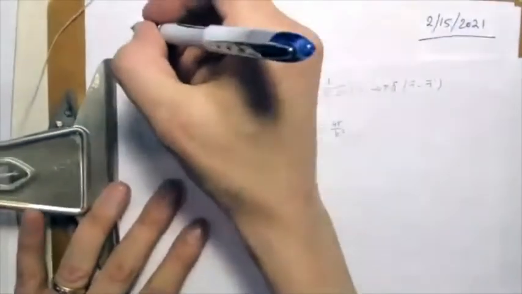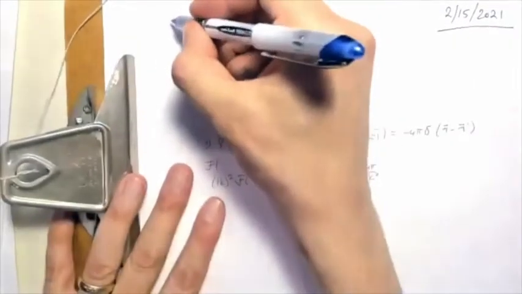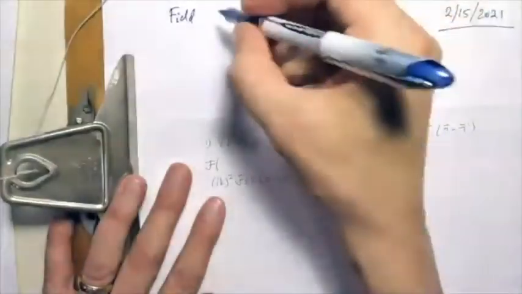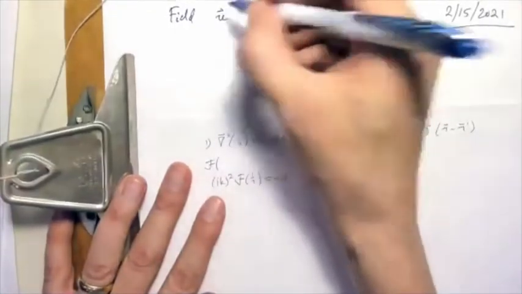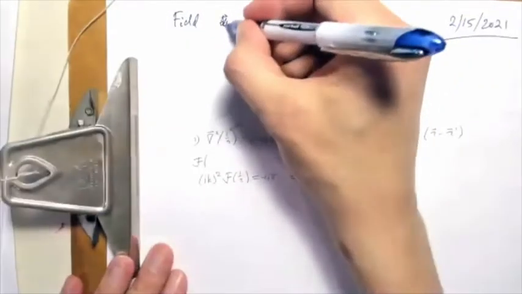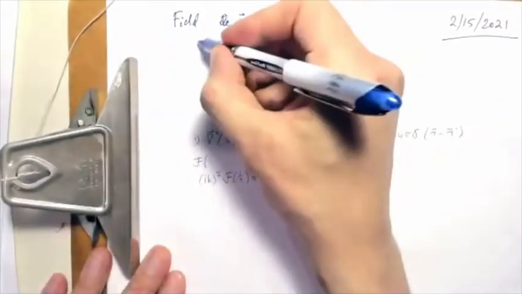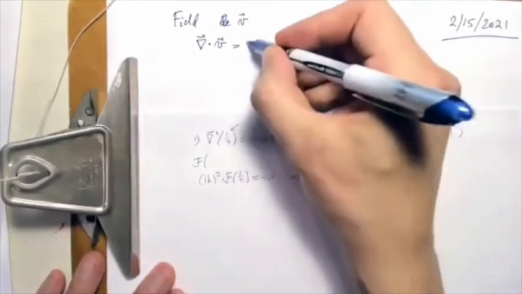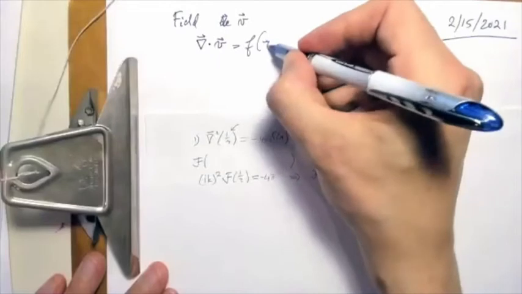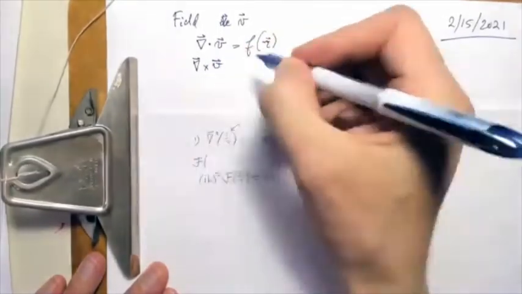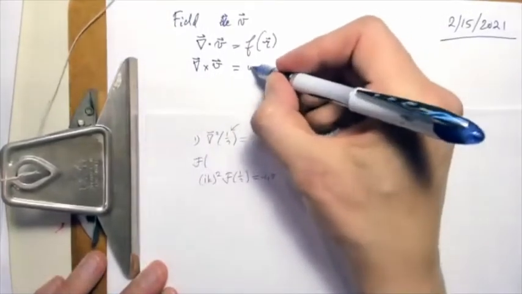Okay, so we said that we have some kind of a vector field, V, and we have specified the divergence, and that's this scalar field f of r, and we also have specified the curl, and that is that vector field W of r.